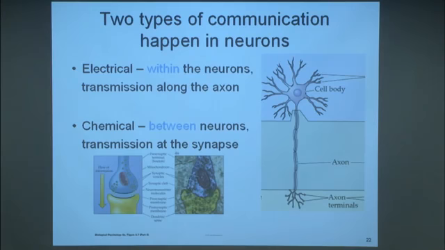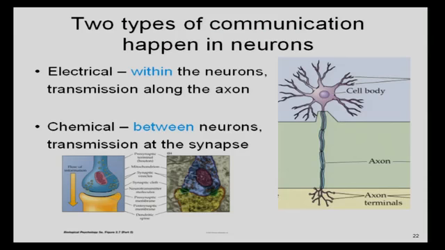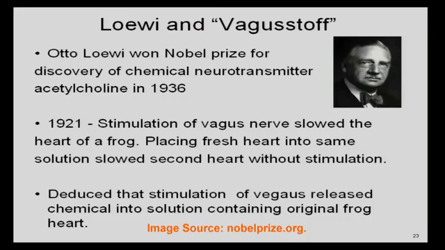Was the electrical potential just jumping across the synapse? Was something else going on there? This was a big mystery, and again, in the 30s we had much more limited tools to be able to answer this question. The person that was able to answer this question won a Nobel Prize for his efforts.